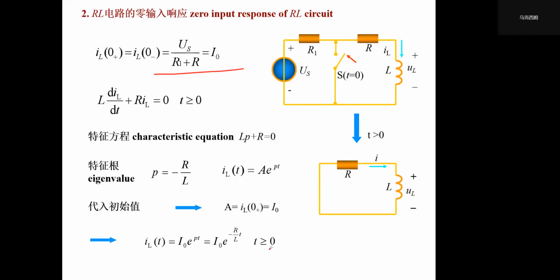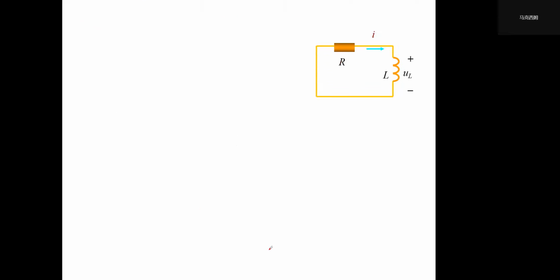So we know that inductor and capacitor are duals, so their responses in this similar circuit look very similar. And the current is changing according to this equation.